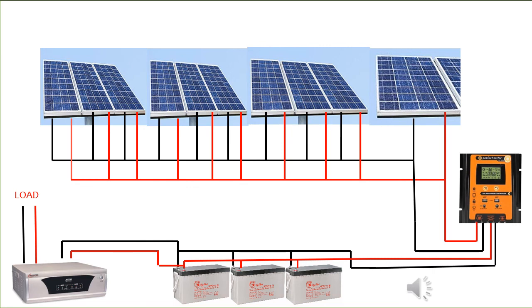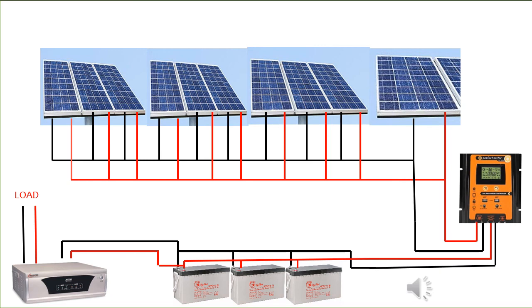Parallel means the negative terminal joins the other negative terminals of the panels up to number 10, and the positive terminal joins the other positive terminals up to number 10. After that, we take the positive line and the negative line to the solar charging system of 12 volts, 50 amps. It takes the output where it charges the battery.